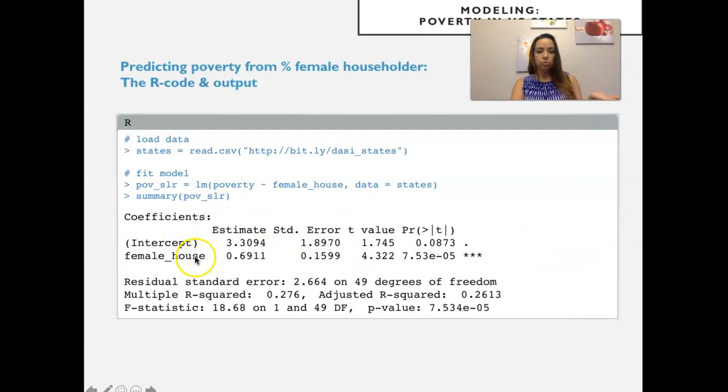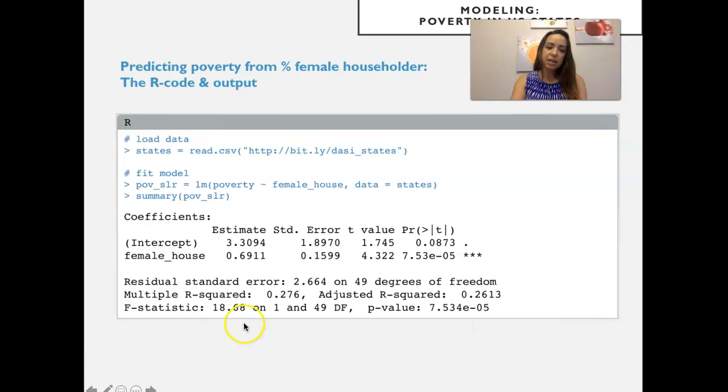For this variable alone, female householder, we see a multiple R-squared of about 0.27. So that's 27% of the variance, that's R-squared. That's squaring that 0.5-something that we saw before. So it explains about 30% of the variance in poverty.